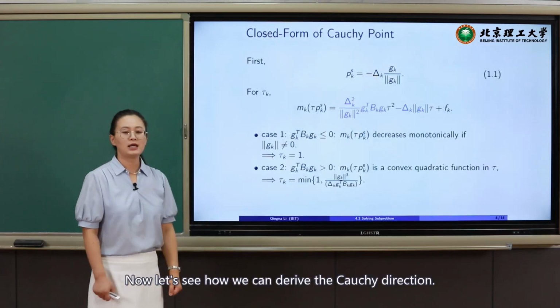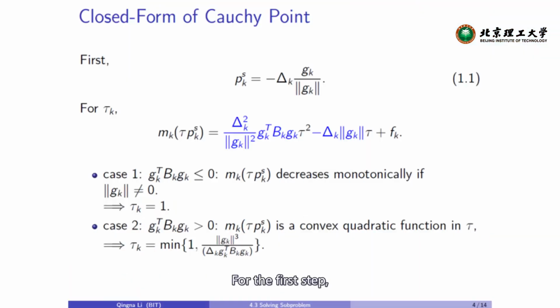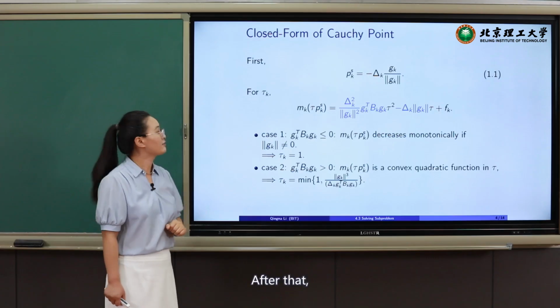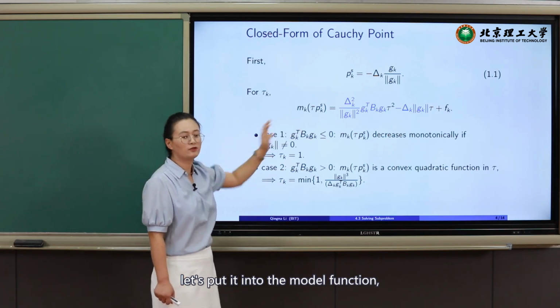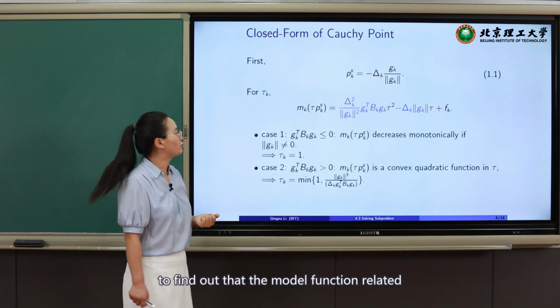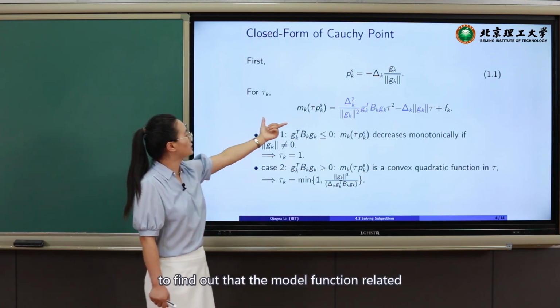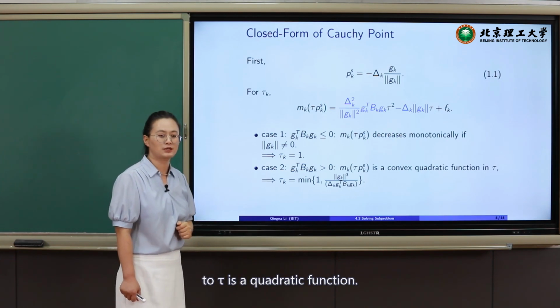Now, let's see how we can derive the Cauchy point. For the first step, we can easily find that the solution is along the steepest descent direction with a special step length. After that, let's put it into the model function, and with a simple calculation we find that the model function related to tau is a quadratic function.